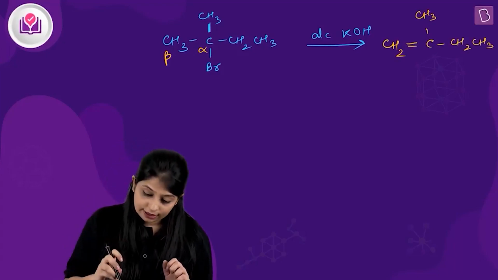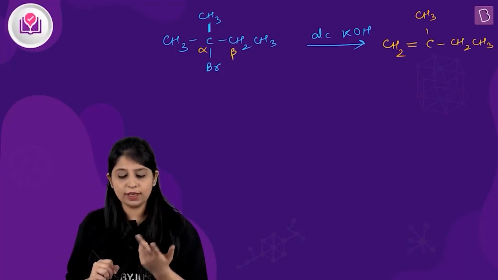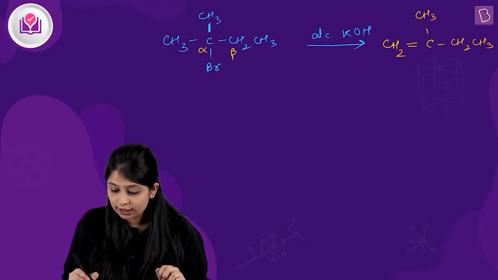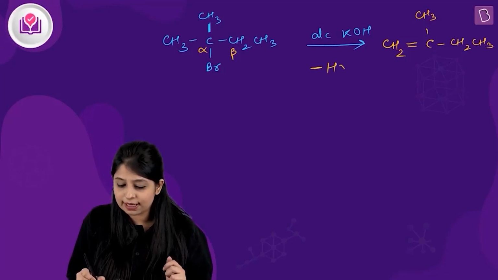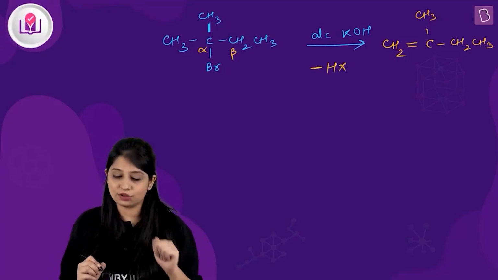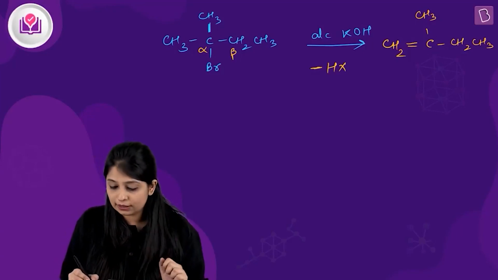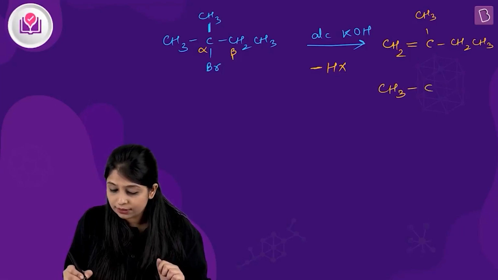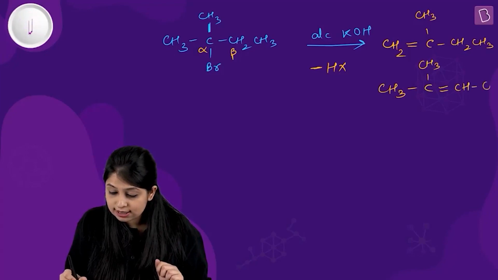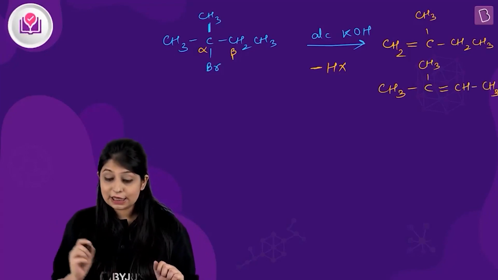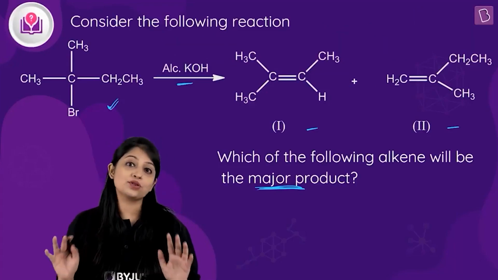However, if we remove the other beta hydrogen, along with the bromine atom, this is minus HX. We are removing both the hydrogen atom and the halogen atom. So if we remove the other beta hydrogen along with the halogen atom, what do we get? We get CH3, C, CH3, double bond CH, CH3. So these are the 2 alkenes that are given to us in the question as well.